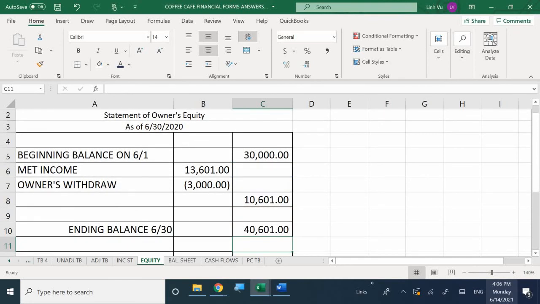Okay, the 10,601 was because of the net income minus the owner's withdrawal? Mm-hmm. Where is it wrong here?